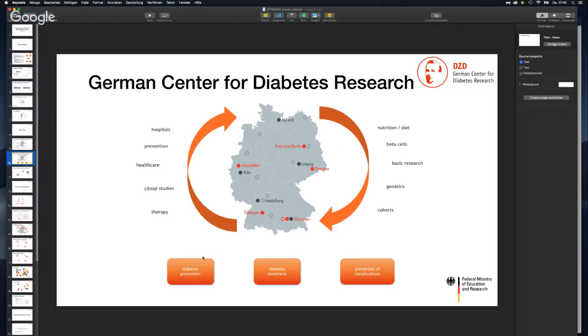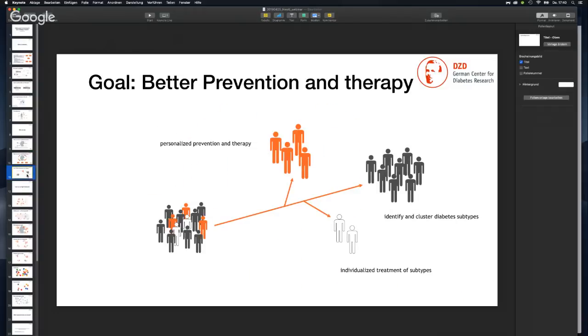So we are not a pharma company. We don't earn money with this. We try to provide specific diabetes treatments to different kinds of people. And we try to prevent these long-term complications that I spoke about 2 slides ago. So as I said, the goal is prevention and individualized therapy of the people.